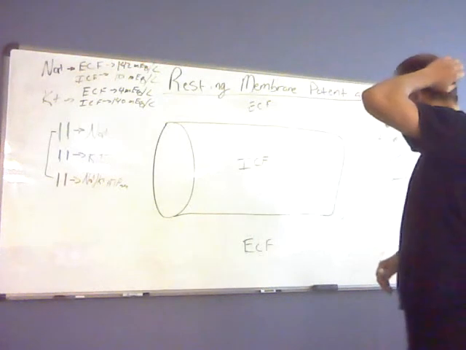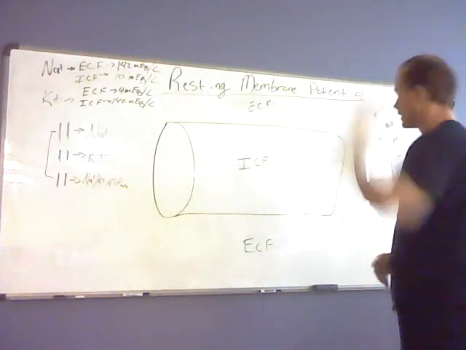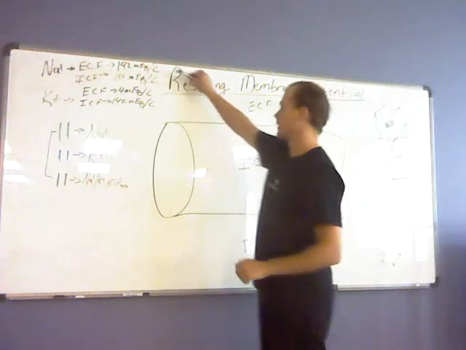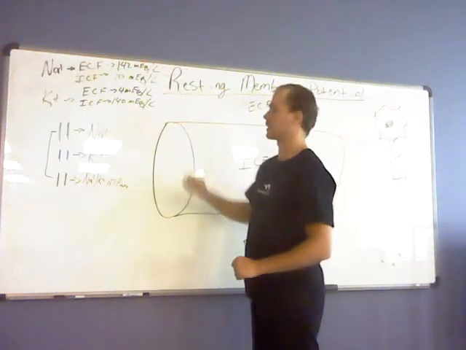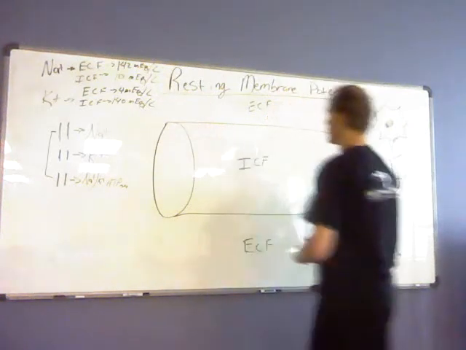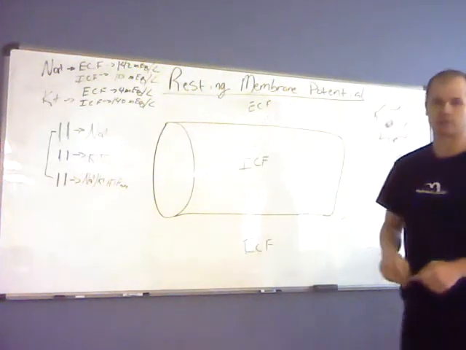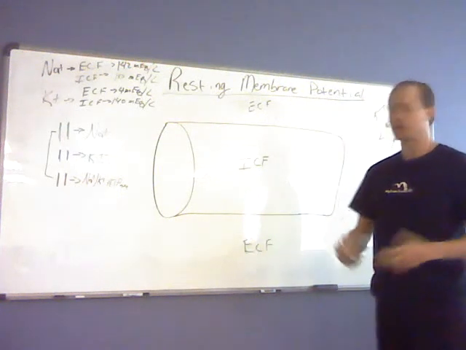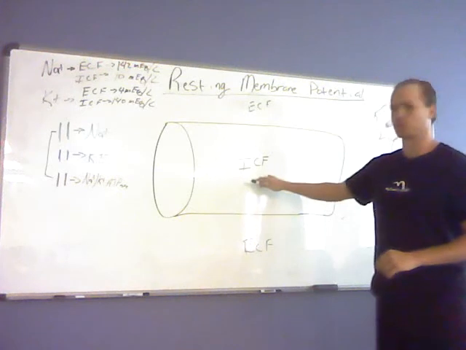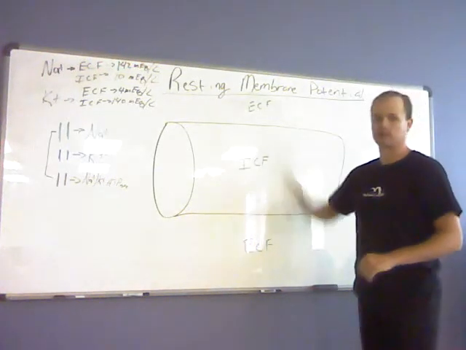So basically what we have here is some numbers up here that represent how much sodium you find outside and inside of the cell. Remember, ECF stands for extracellular fluid, the water outside of the cell, basically the tissue water, and intracellular fluid, the water that's found within the cell.